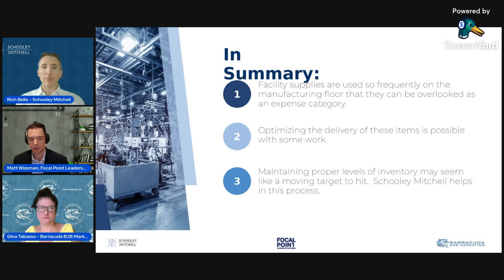So I'll throw out another variable to keep in mind when suppliers are looking at optimizing their order quantity, inventory management, etc.